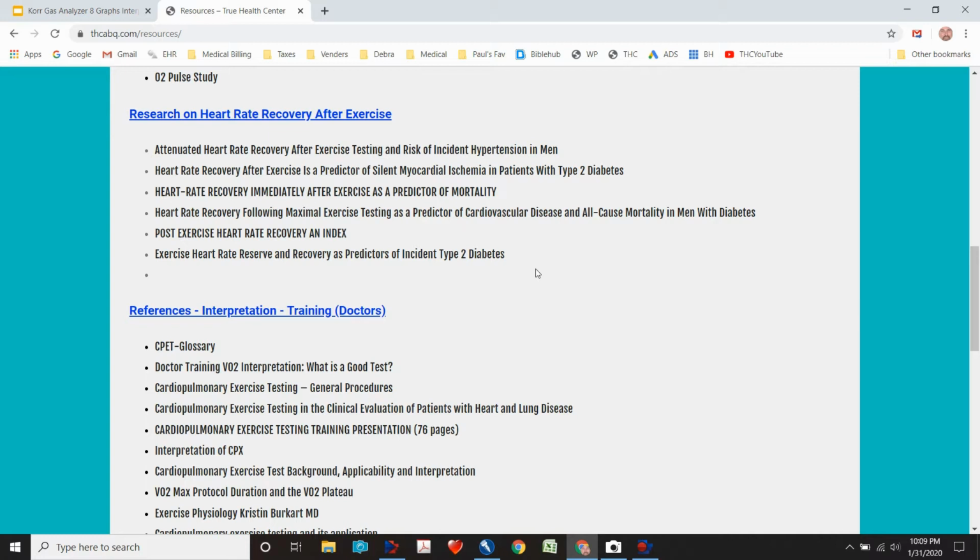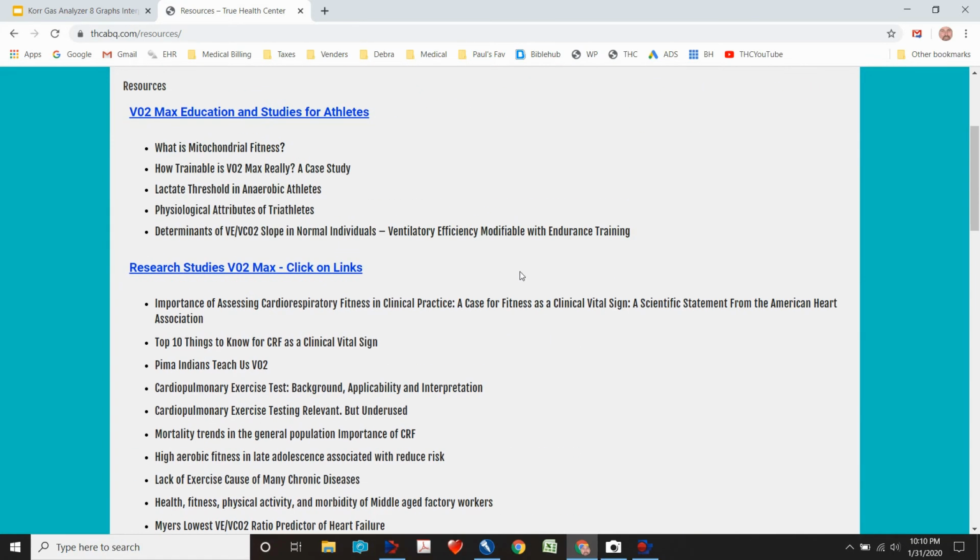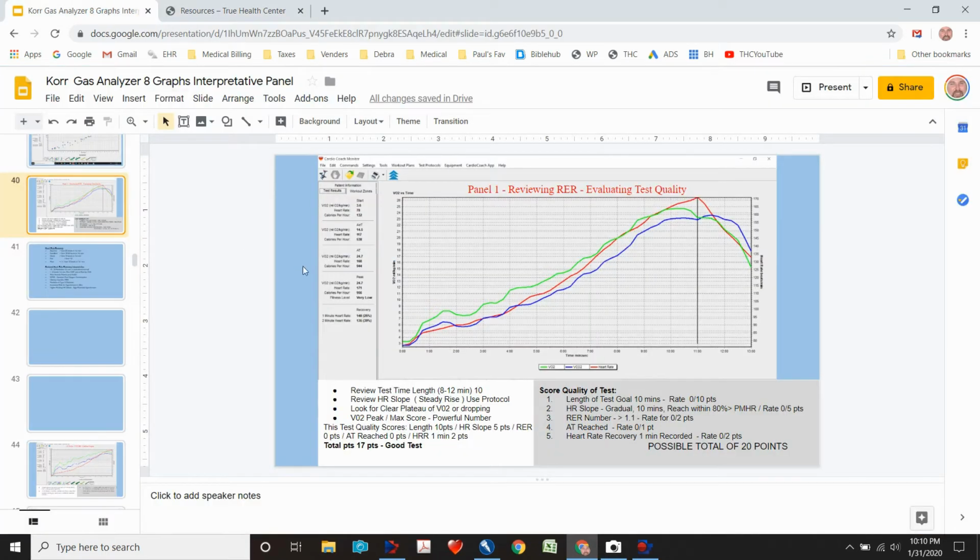And number 5, exercise heart rate reserve and recovery as a predictor of incidence type 2 diabetes. So we have quite a bit of information, and this was only a few of the studies that I've gathered, and I have some further information here. We'll go back to our screen.